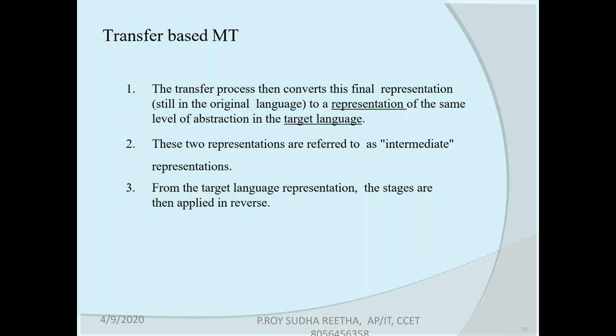These two representations, the source representation and the target representation, are referred to as intermediate representations. From the target language representation, all the stages are reversed in a cyclic way.